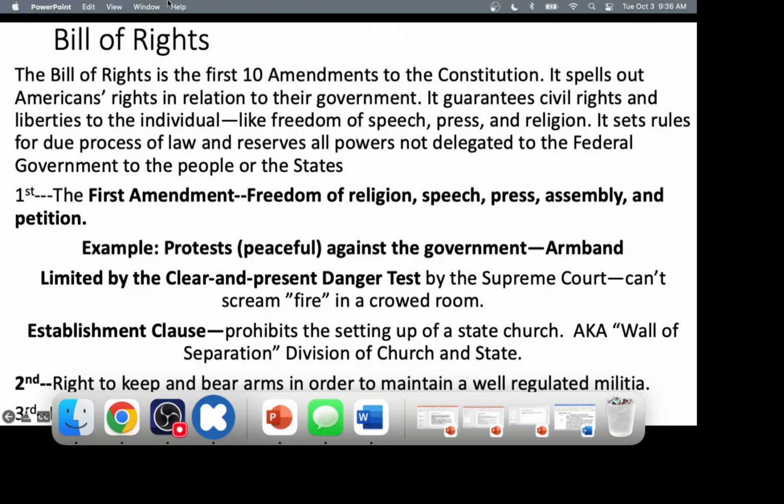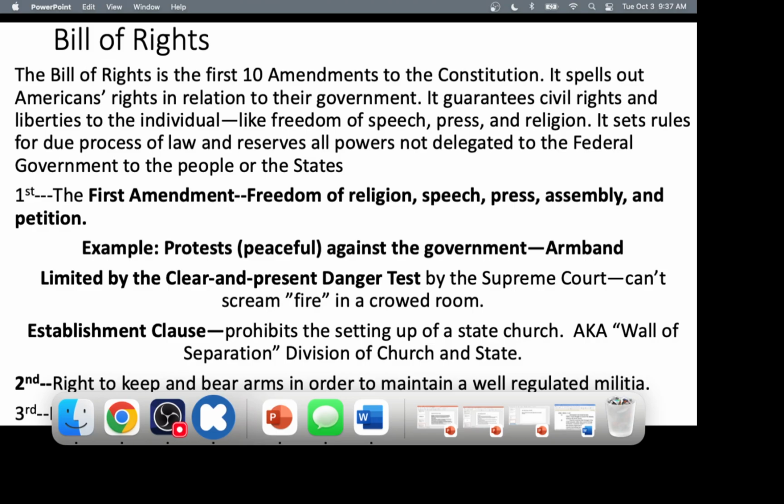You need to know the first one is your freedom of religion, freedom of speech, press, and assembly, and freedom to petition.